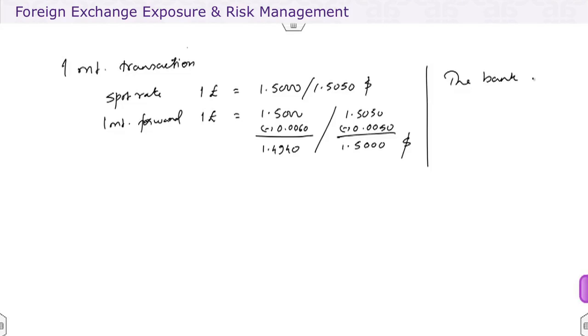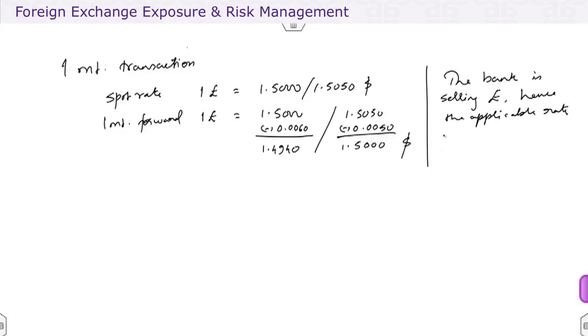So the bank is selling British pounds because it's going to take dollars and give British pounds. Hence the applicable rate would be the sell rate.